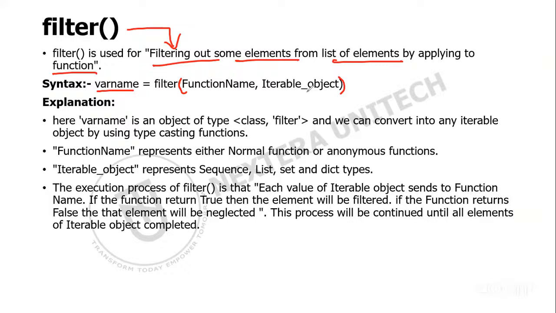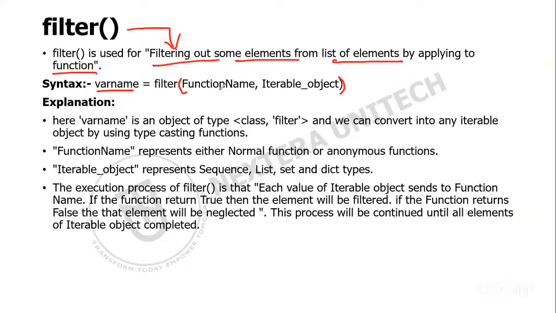What are iterable objects in Python? Iterable objects are the objects which have multiple values, which contain multiple elements.